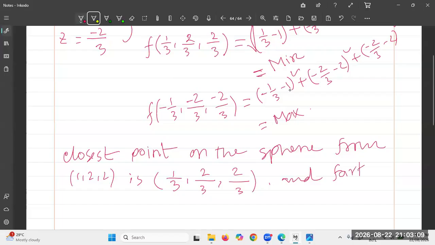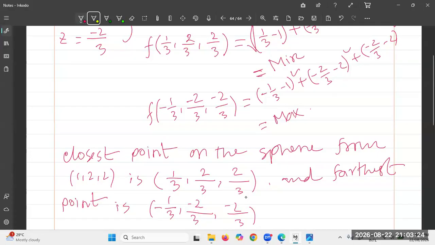And the farthest point is negative 1 over 3, negative 2 over 3, negative 2 over 3.